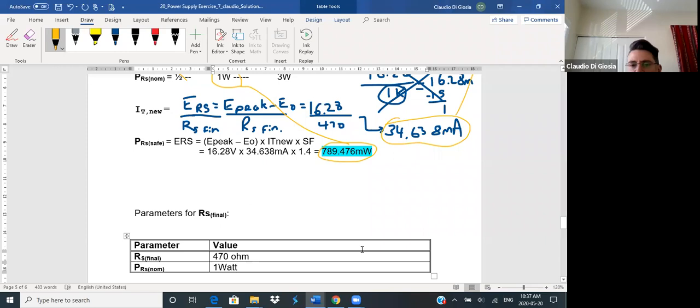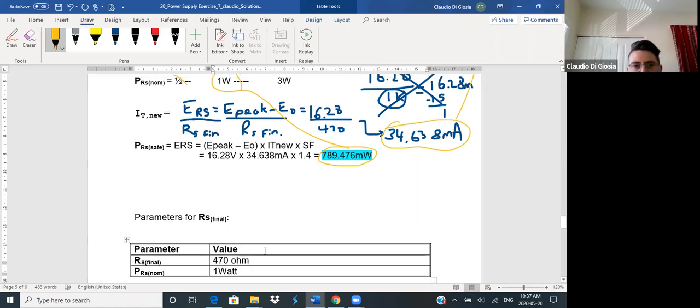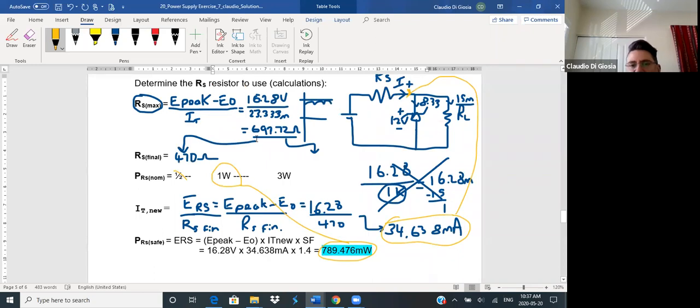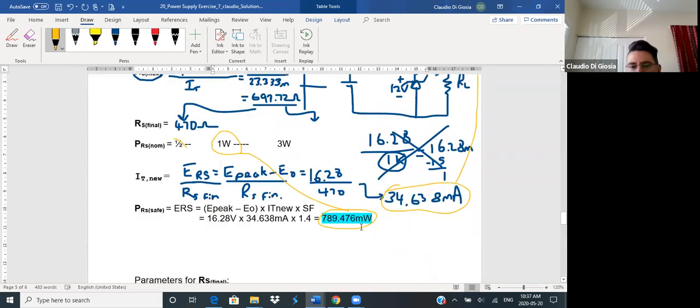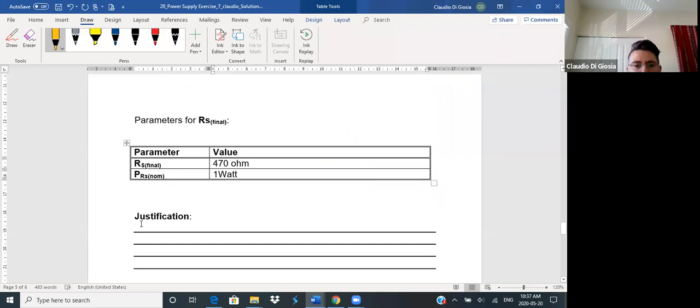And then I have to justify it. So what am I justifying? That 789 is less than 1 watt, and also the 470 ohm is less than the 697. Okay, so let me write that down. We're going to justify the power.